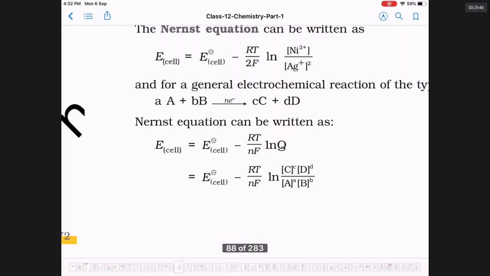At equilibrium state, what happens? Gibbs free energy change, delta G, becomes 0. Do you remember, delta G is 0 at equilibrium state? Delta G is negative for a reaction that happens by itself.